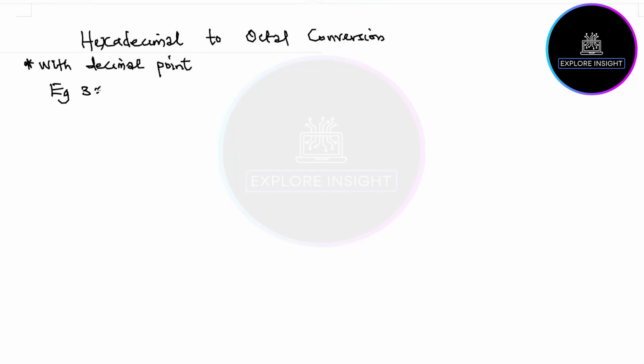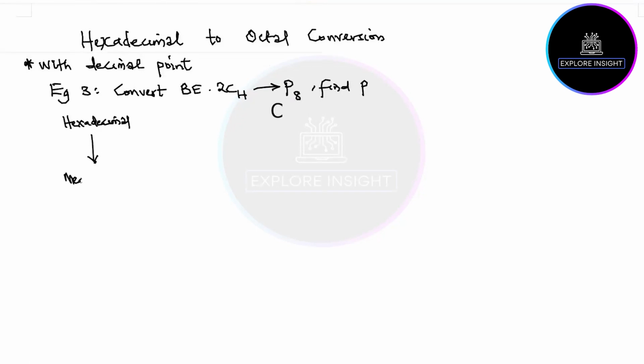Okay, let's say we are given another value. Example 3: we are to convert BE.2C in base H to P in base 8. So find P. In the same manner, we are converting from hexadecimal to the mediator, which is binary.